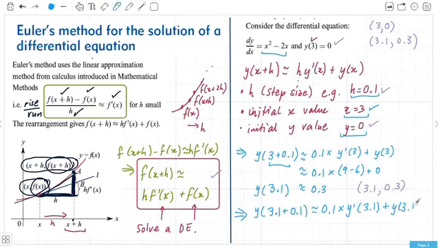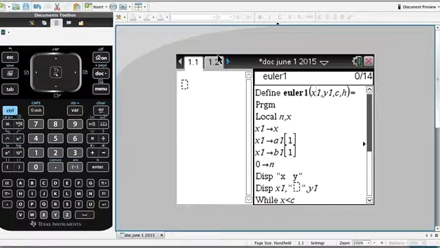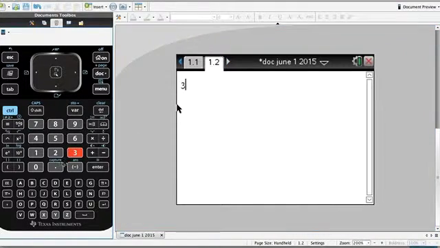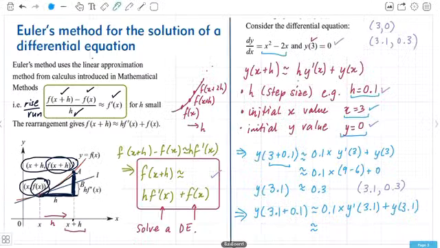And what's y at 3.1? And the cool thing is we actually know what y at 3.1 is, so we can put that in. I'm just going to use my CAS for this one. So we've got x squared minus 2x, and x is 3.1. So I'll have 3.1 squared minus 2 lots of 3.1. That's 3.41.